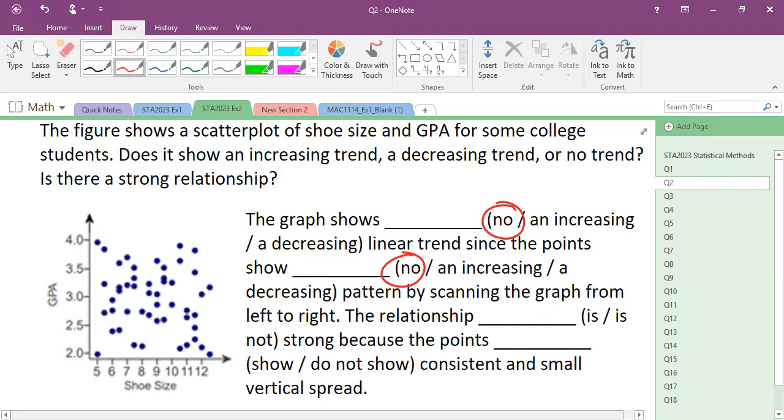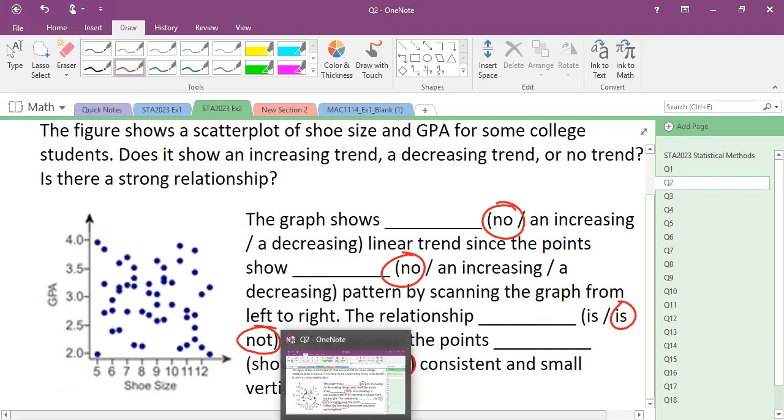The relationship is or is not strong then. So if there's no trend, what do we know about the relationship? Not strong. So is not strong. Definitely, because the points blank show or do not show consistent and small vertical spread. Do not show. That's right.